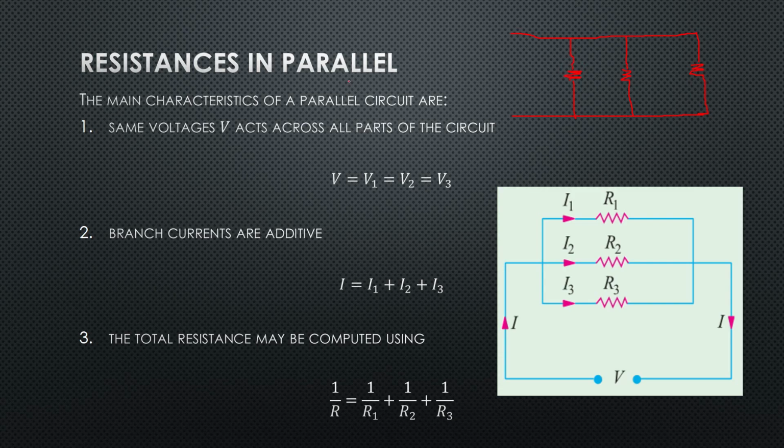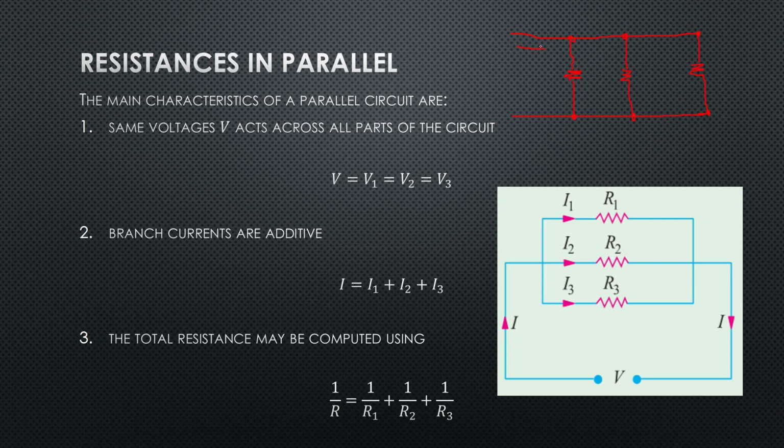In parallel connections, resistances are connected from each of their nodes, so there is no continuous flow of current here.